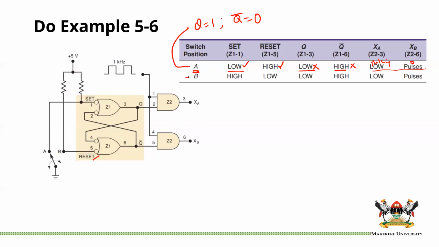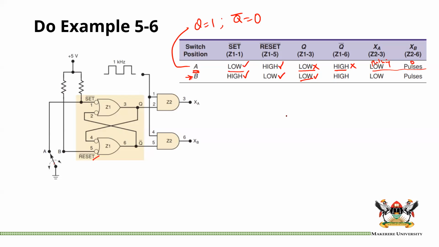Let us look at position B. At position B, we expect S to be high because it's no longer connected to the ground, so that's good. We expect the reset to be 0, which is good, it is low. But now, because we are resetting, we expect Q inverse to be a 1 and Q to be a 0. So Q is still 0, that's good.